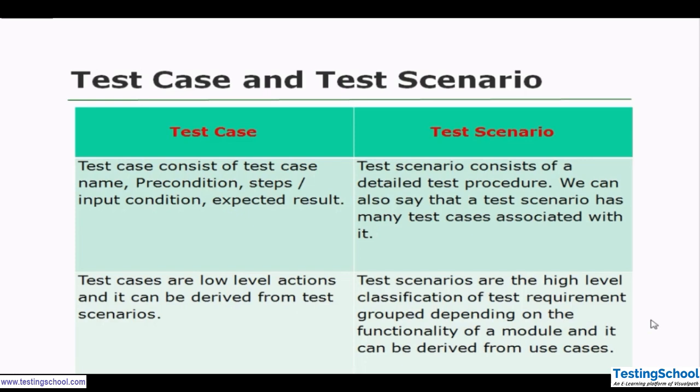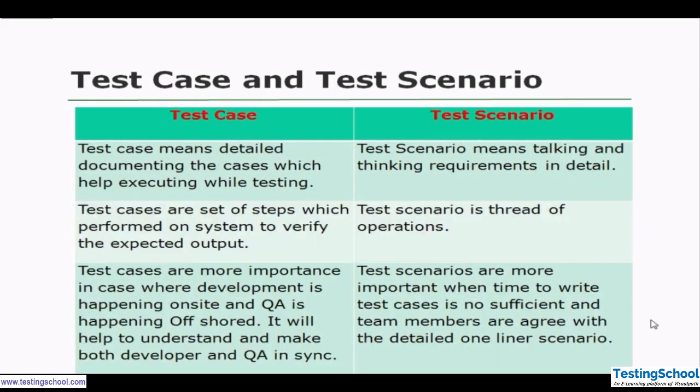If we have created a scenario, it can have multiple test cases. The test cases are the low level actions and can be derived from test scenarios, but test scenarios are the high level classification that can cover multiple module functionality. Then we have the test case, a detailed document which helps the execution of the testing.